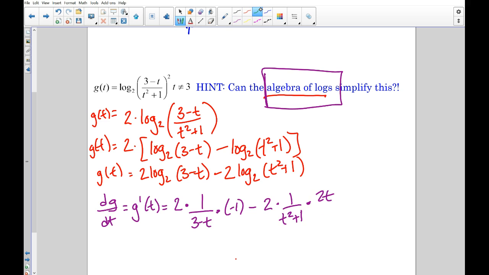And I forgot here that this should be times the natural log of the base, so log base 2, in both cases.